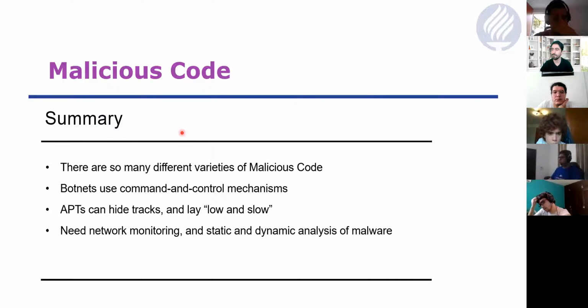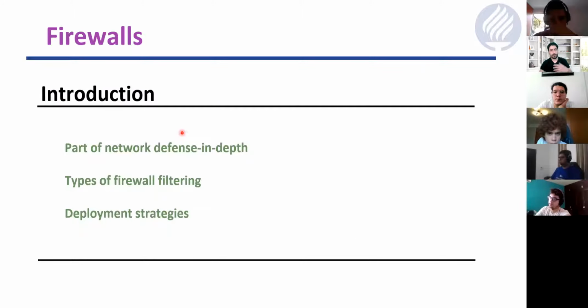Any other questions? So let's talk about firewalls. Okay, so now a method of prevention, before even, not just about malware, but about all sorts of other attacks that we want to avoid. So firewalls are part of network defense in depth.